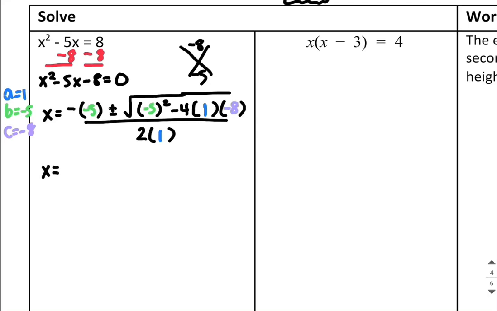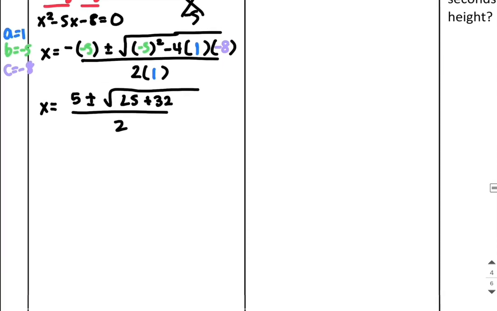And then I see I have 5 plus or minus the square root of 25 minus 4 times -8, which is plus 32, all over 2. From here, I'm going to get x is equal to 5 plus or minus the square root of 25 plus 32 is 57 all over 2. I can't simplify 57 anymore.